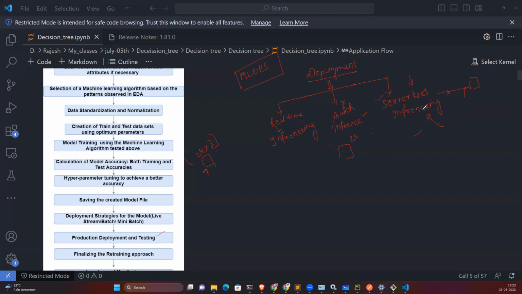This strategy is called serverless, and 90% of startups are following this approach only, which is called serverless inferencing or serverless deployment. Nowadays, all backend and front-end deployment is going serverless, and even machine learning models are going serverless. But there are limitations in the serverless deployment strategy as well.